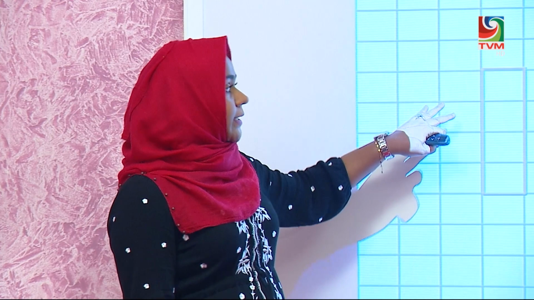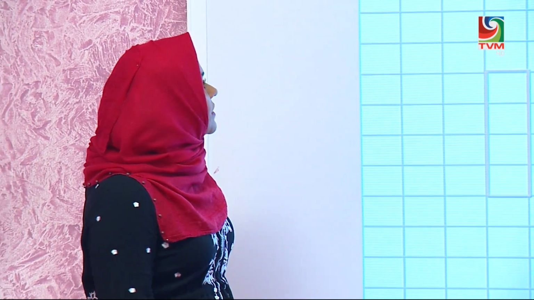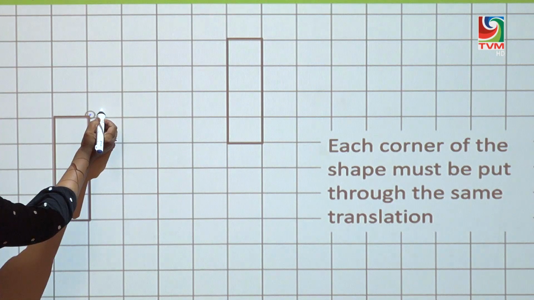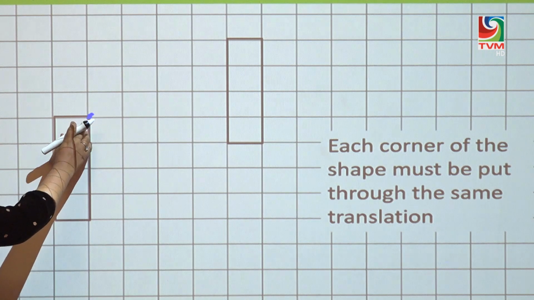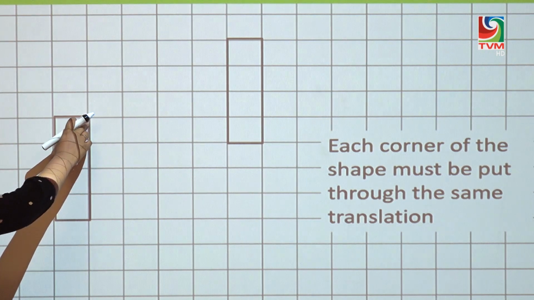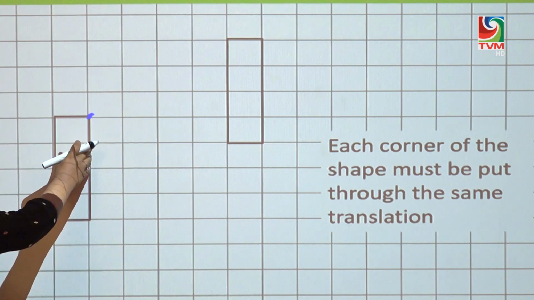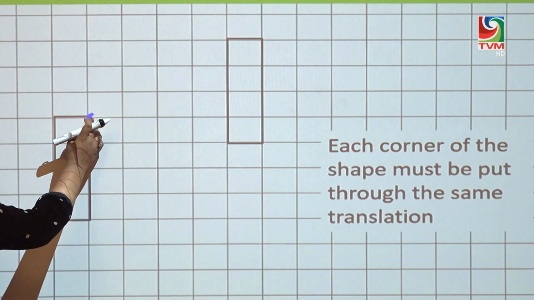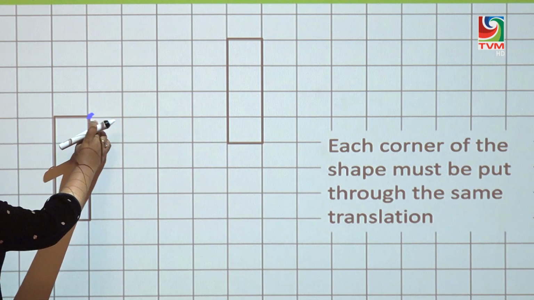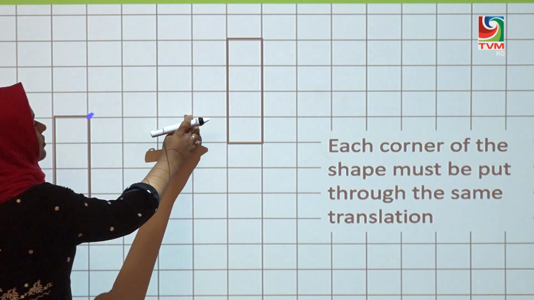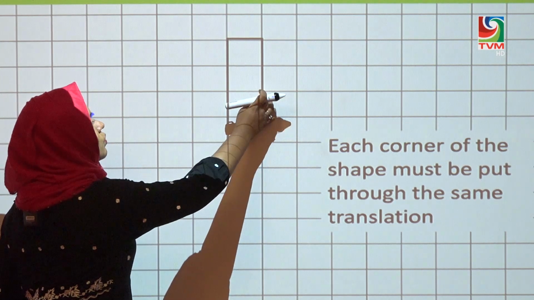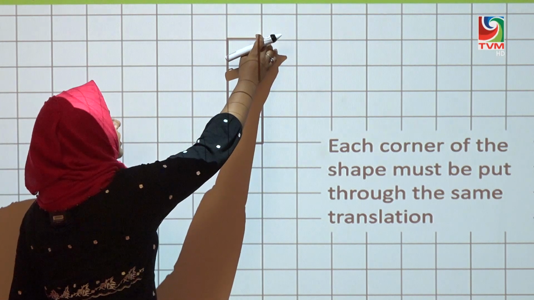Now the other method we follow to translate a given shape is we mark one corner of the figure, and we are going to move this point through the translation given, which is 5 squares right and 3 squares up. Move the point 5 squares right, 1, 2, 3, 4, 5, and 3 squares up, 1, 2, 3.